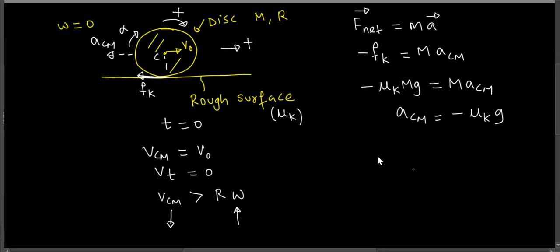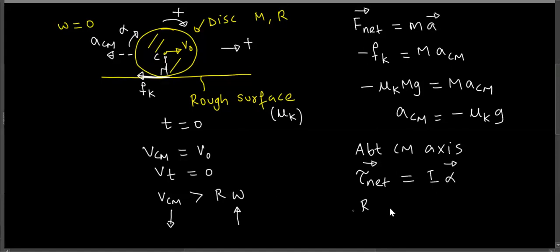Now, about center of mass axis, I will apply net torque equal to I alpha. Clockwise torque is provided by friction force. What is the magnitude? It is radius, the perpendicular distance, into the force. The angle between them is anyway 90. So r Fk is equal to I alpha.